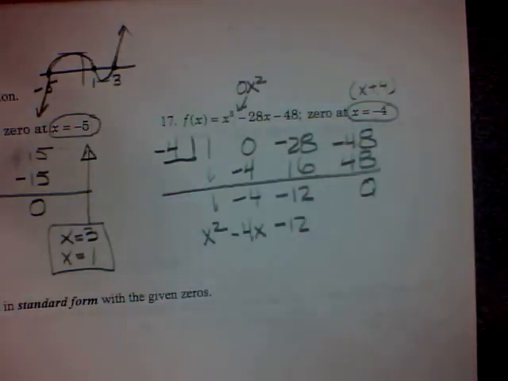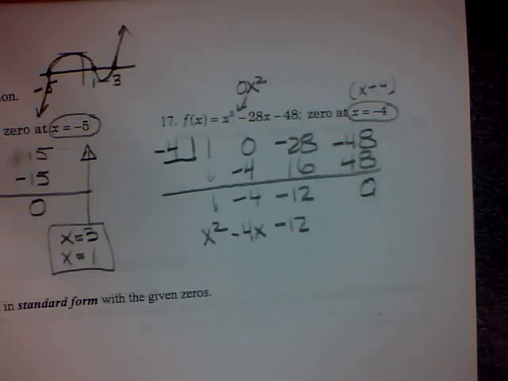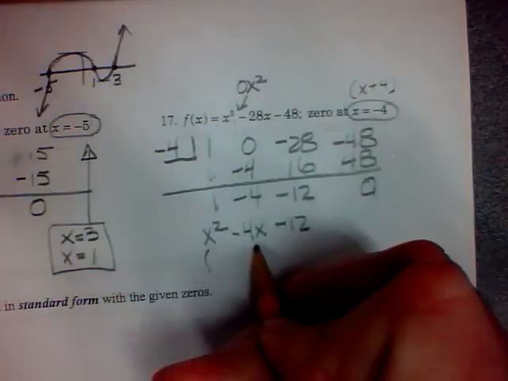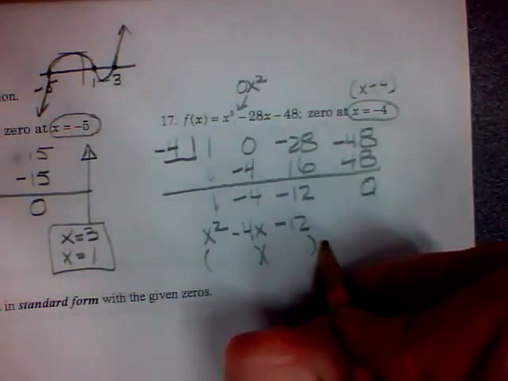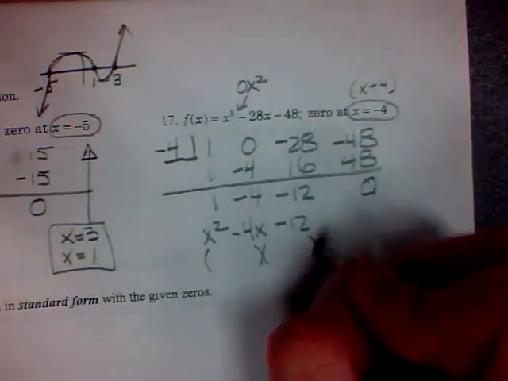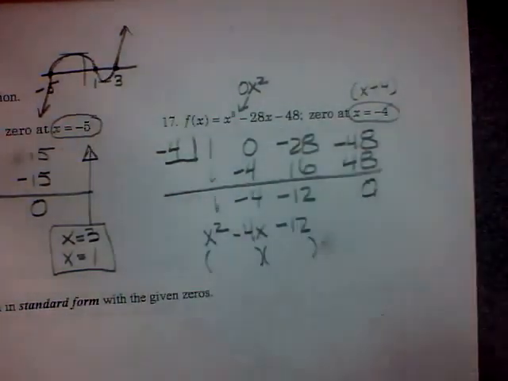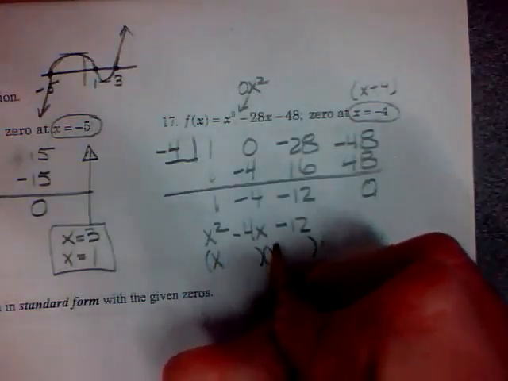Okay. Now on this one, we have to look to see, well, does this one factor nicely? Are there any factors of 12 that get you -4? And by golly, there are, which is wonderful. We won't have to use the quadratic formula. No equal sign here. So we've got an x and an x.